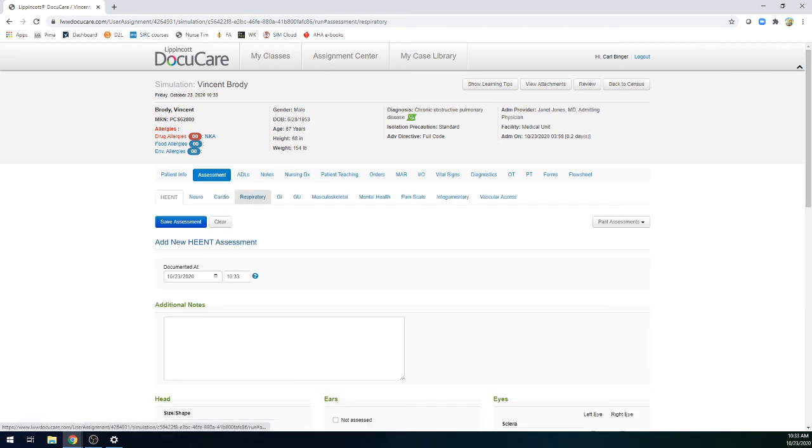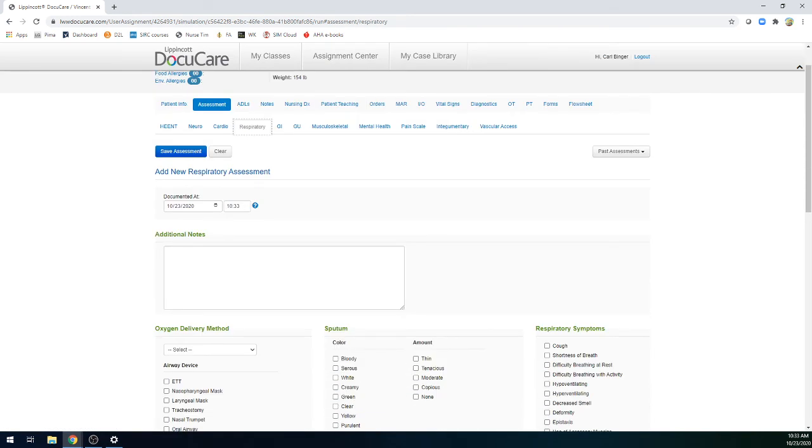So again, if I go look at respiratory, say I chart multiple respiratory assessments. Okay, I'm the chart auditor at your hospital. I know Vincent Brody's here for respiratory problems, and we possibly had a problem with the patient.